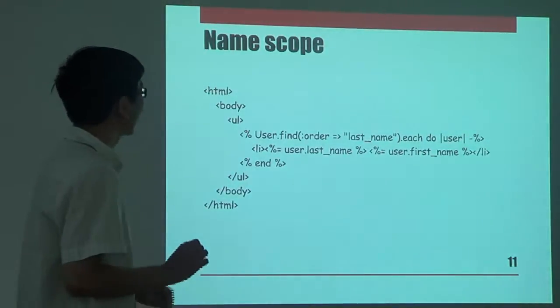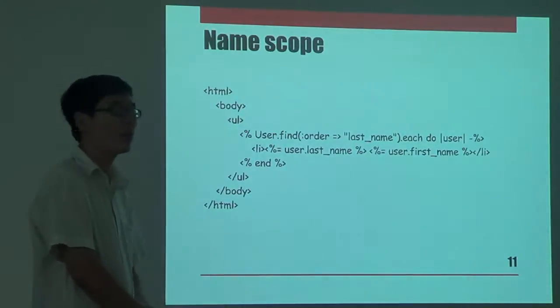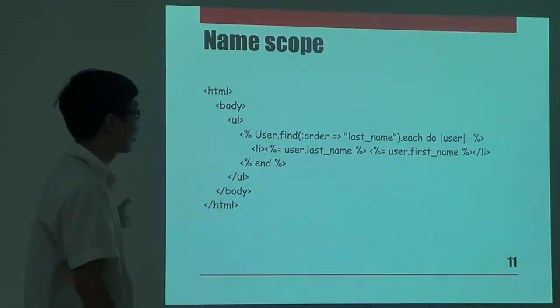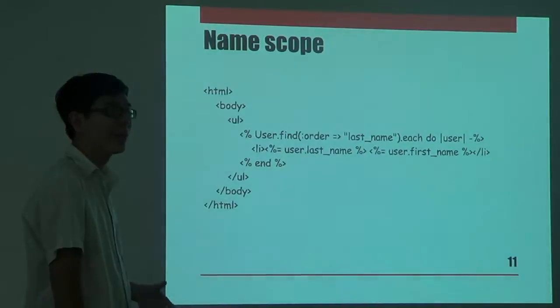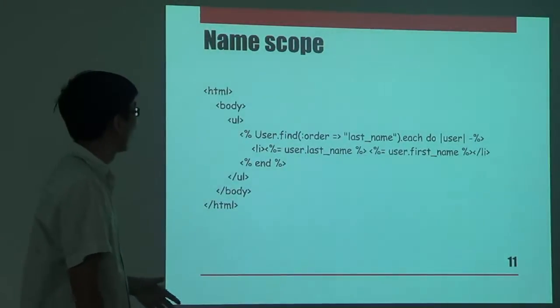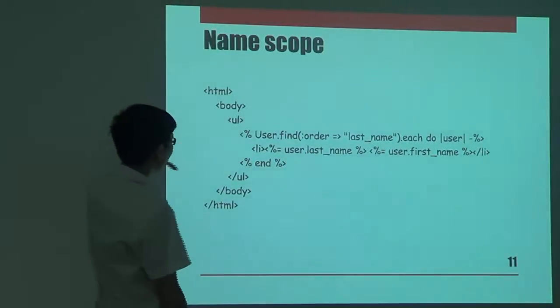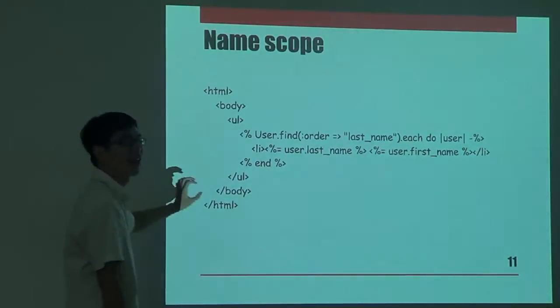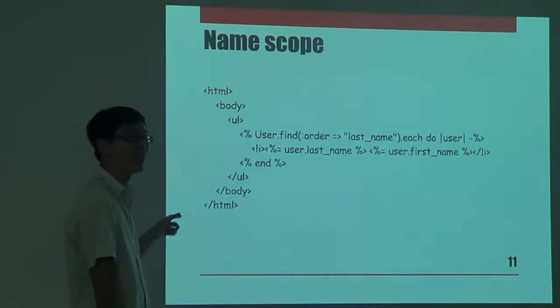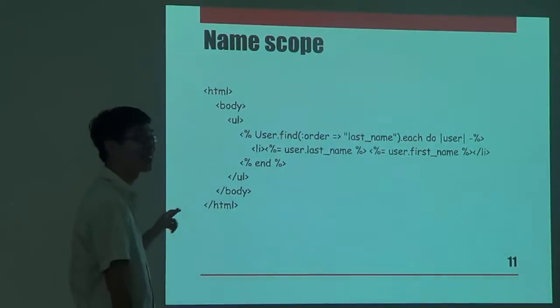But when we move to Ruby on Rails, because Rails follows the MVC architecture, this example is not a good example. This is a bad practice when we are programming in Rails.